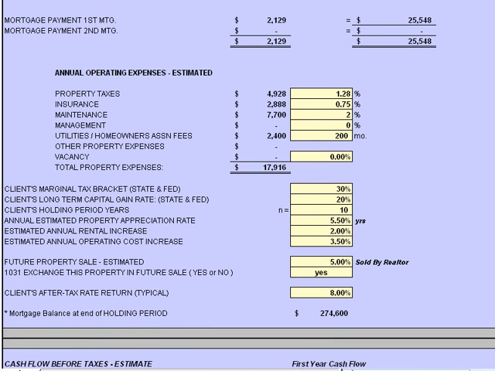Now the next big area is annual operating expenses. We have some defaults in here you can use if you're not sure, but property taxes. I believe property taxes for me are going to be closer to 1.5% on this particular property. No, that's way too high. Let's just use 1.1. Okay? I believe that the insurance is going to be around 0.75% of the overall expense ratio for this property.